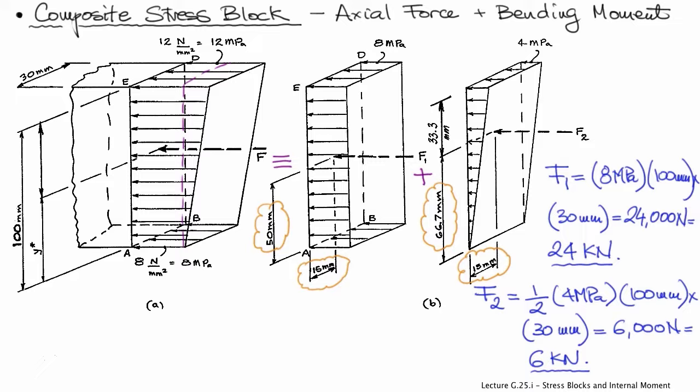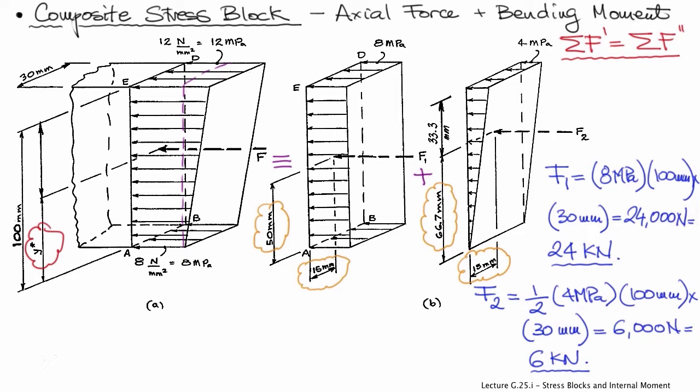We also know the location of F1 and F2 based on the centroids of these pressure blocks as circled in these diagrams. In the end, we will need to find the location of the total force, and that's a little tricky because we do not know the centroid of this trapezoidally shaped volume in 3 dimensions.